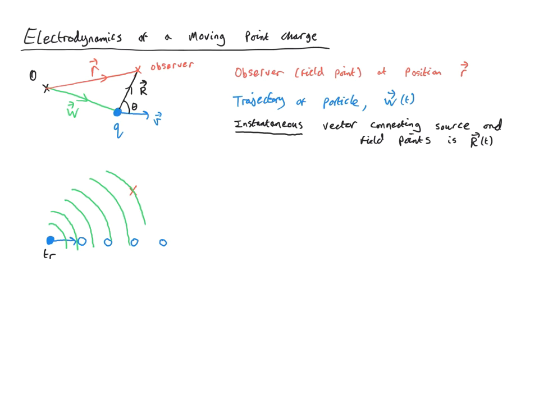So at a time t, the particle is located over here, and it's only at this point at time t that the observer gets the news about the position of the particle, but the news that it gets is about this original position of the particle all the way over here. So I'd have to wait quite a bit longer for the observer to get news about the position of the particle at time t, and by then the particle will have moved even further to the right-hand side.